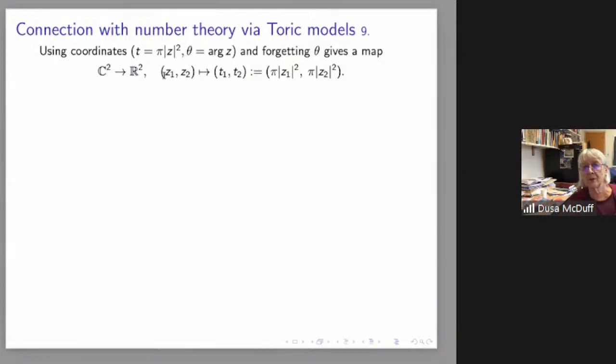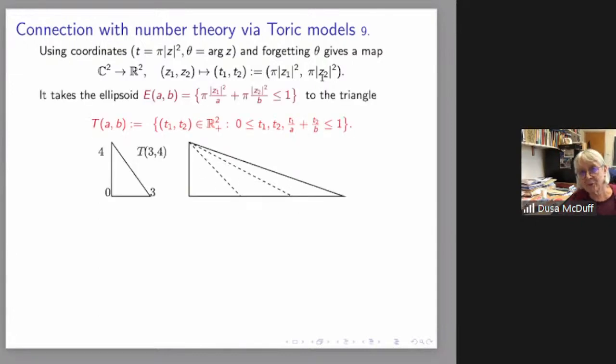So you take z1 and z2 to be complex coordinates and map them to t1, t2, which is basically the radius squared: pi |z1| squared, pi |z2| squared. This forgets the torus action. And if you do that, then an ellipsoid, which is given by a quadratic equation in the 4-dimensional coordinates, maps to a triangle, because pi |z1| squared is just t1.